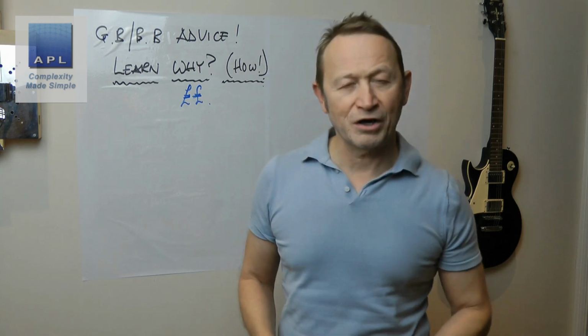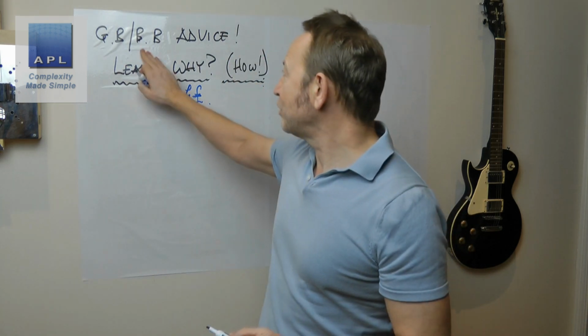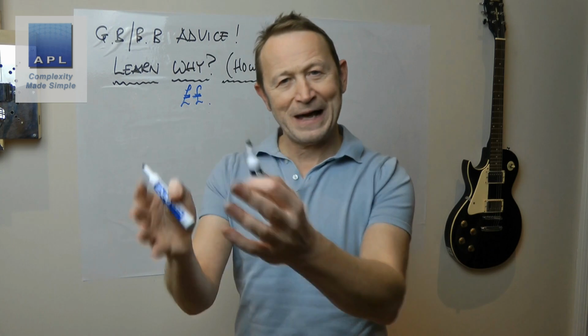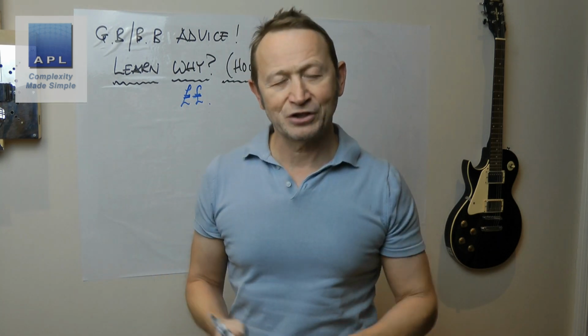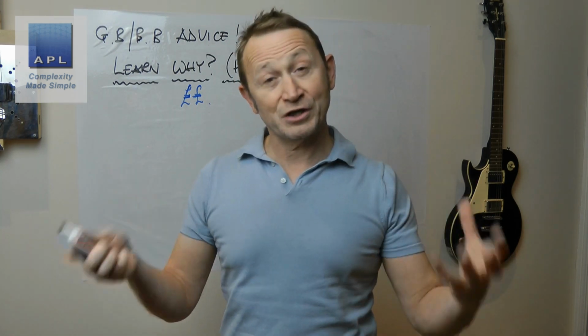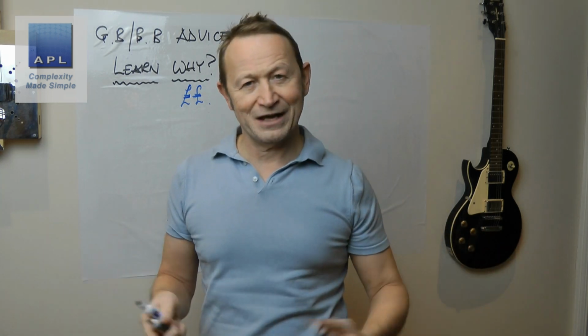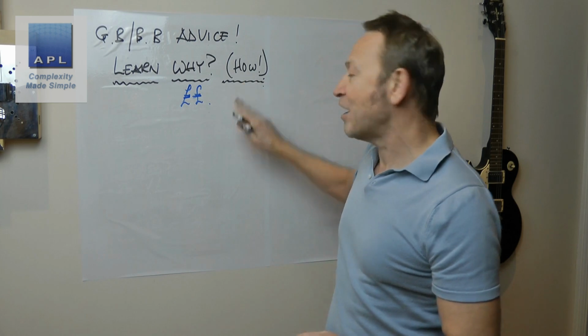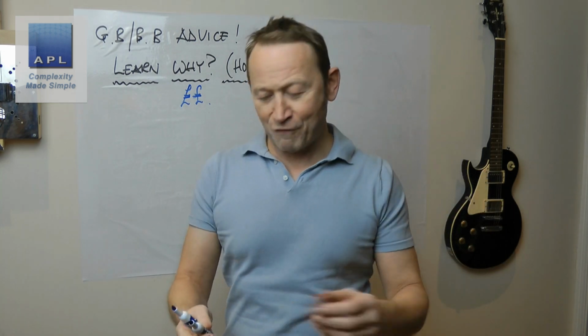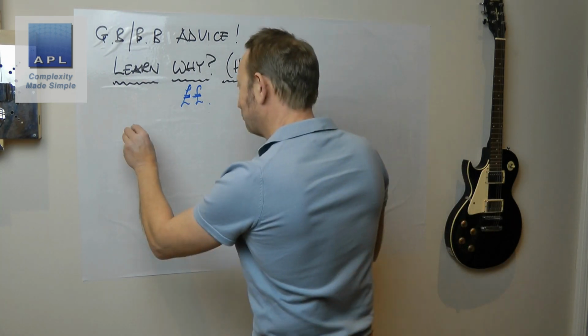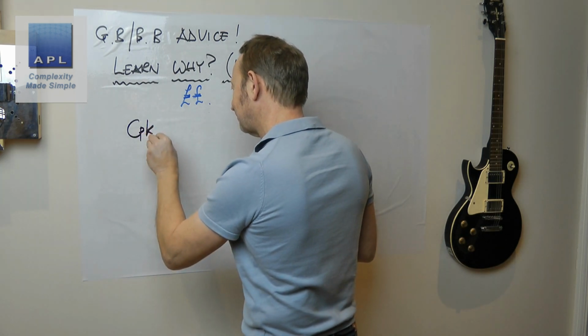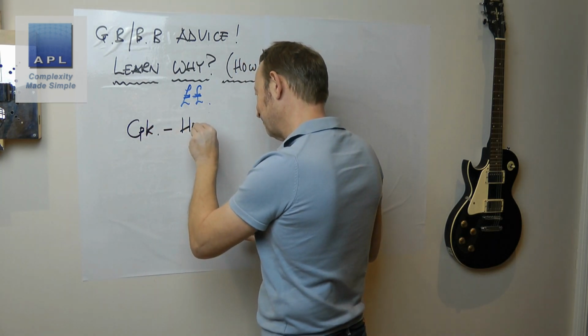So learn the why. One of the problems, especially when you're going to be certified as a black belt or as a green belt, is that most of the questions and all the exams that are formally out there on the internet are going to want you to know how. So for example, let's just pick a tool, CPK.